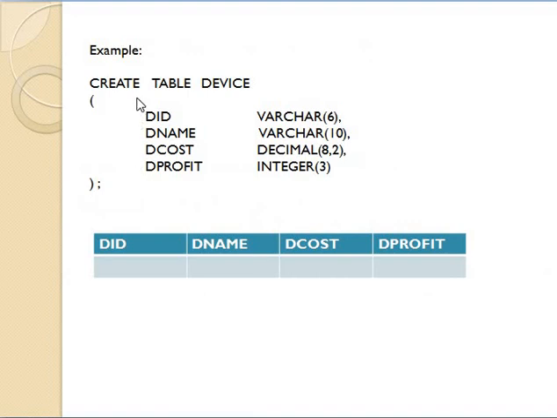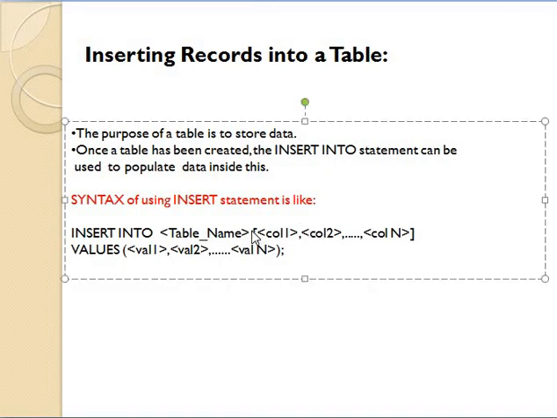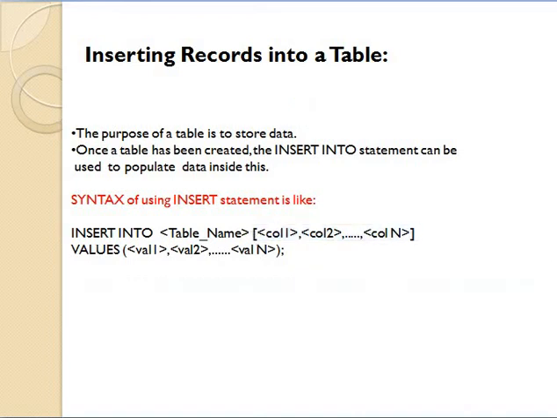That means if you want, you can put these columns DID, DNAME, DCost, DProfit out here in this column list, or if you do not want to put these column names, that is also okay, because this part is optional. Now just after writing insert into and then the table name as device, come to the next line, write the keyword values, then within brackets you have to put all the values for the columns.